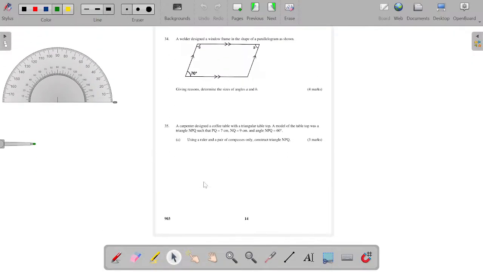They say that a carpenter designed a coffee table with a triangular tabletop. A model of the tabletop was triangle NPQ, such that PQ is equal to 7 centimeters, NQ is equal to 9, and angle NPQ is 60 degrees.